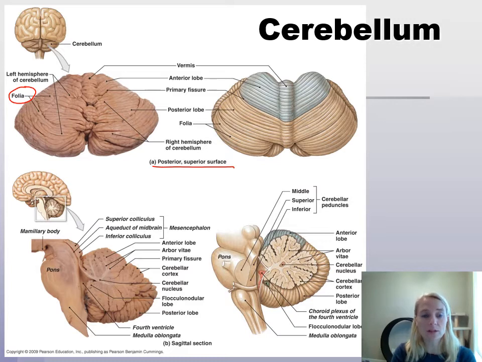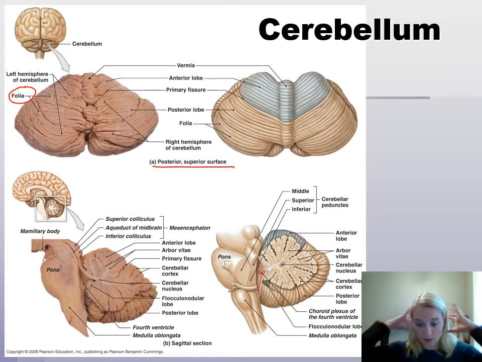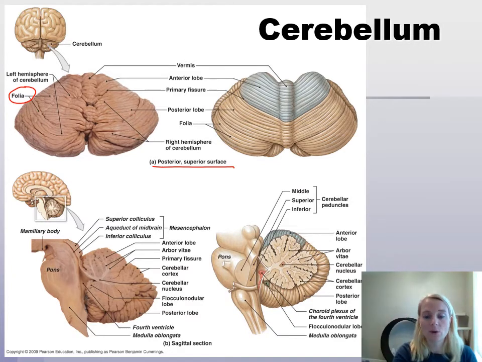And then there are hemispheres, because we have one on each half, so our left and our right hemispheres. And then the separator isn't really a fissure. It's this ridge of material called a vermis. Vermis actually means worm-like, so I guess it looks like a worm, maybe more like a caterpillar, but that's the vermis, the ridge that separates your left and right hemispheres.